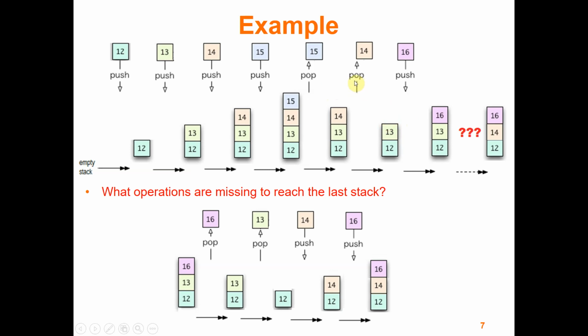So it has a return data type, which in this case can be integer, but it can be any kind of data type. It takes the last item, puts it in a certain variable and returns it, and at the same time removes the element from the top of the stack.